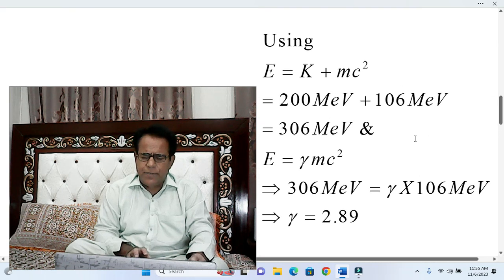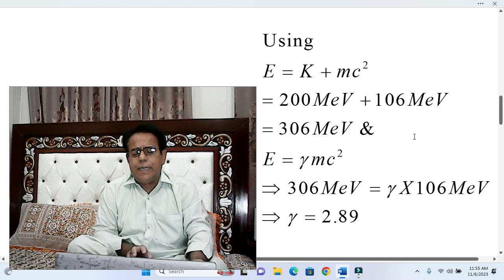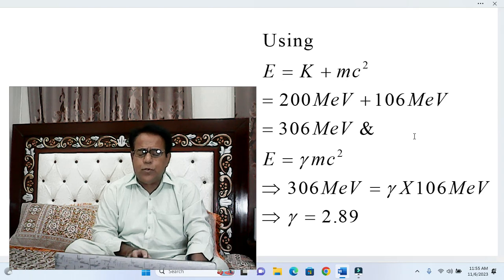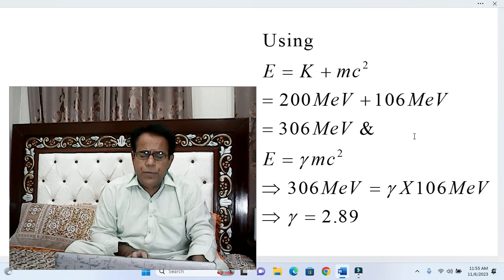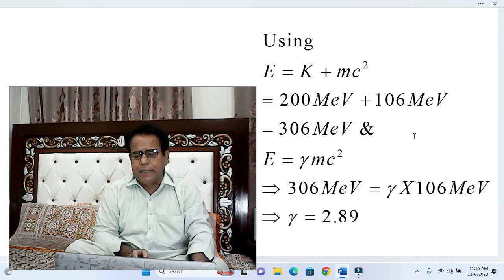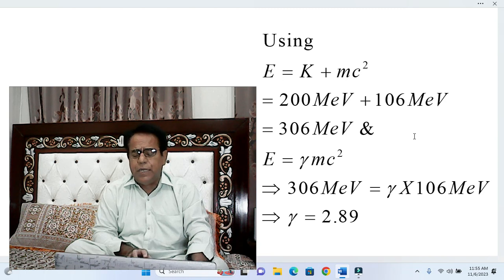Both these energies will add to give total energy. So total energy will become equal to 200 plus 106 equal to 306 million electron volt.